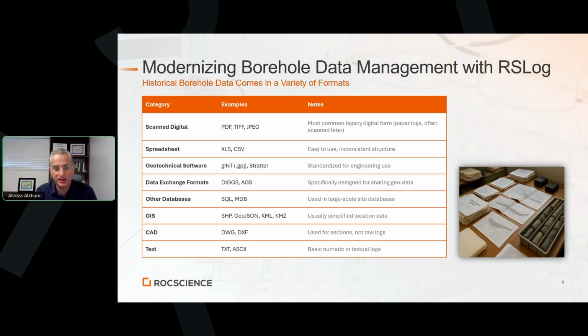AGS was created by the British Geological Survey and is mostly used in the UK, Australia, Hong Kong, and a few other countries. DIGGS is generally an XML file. AGS is generally a CSV file, but it carries different blocks of data.